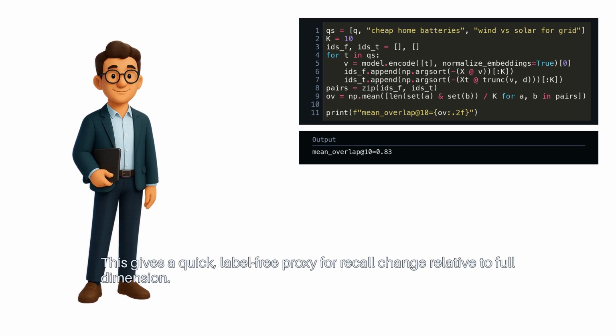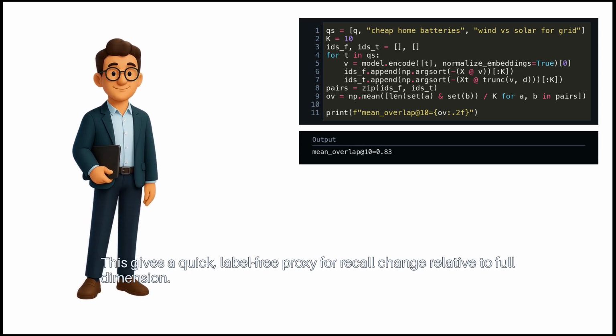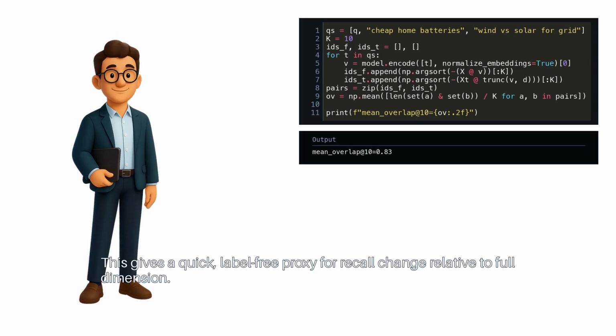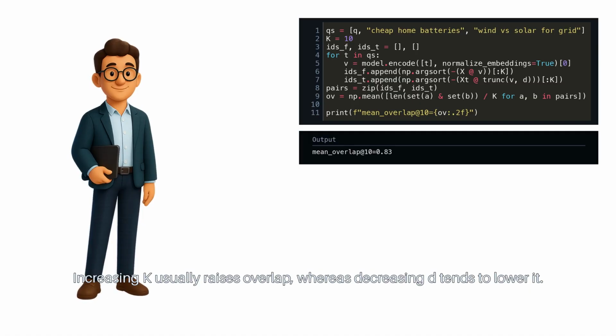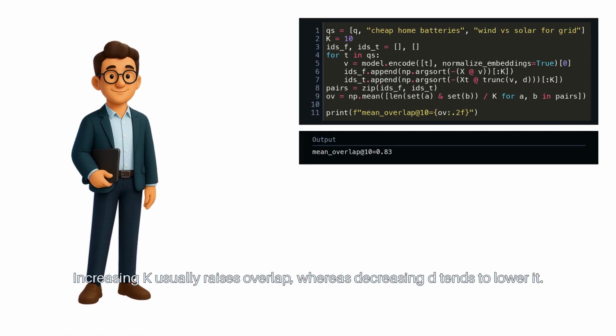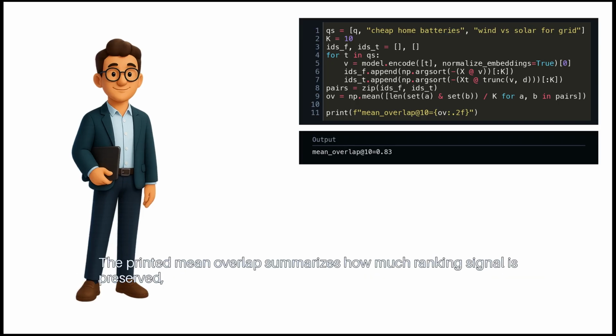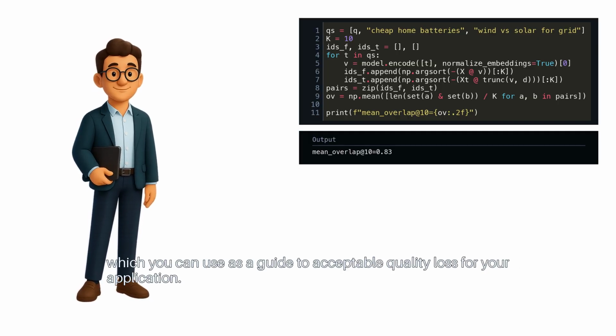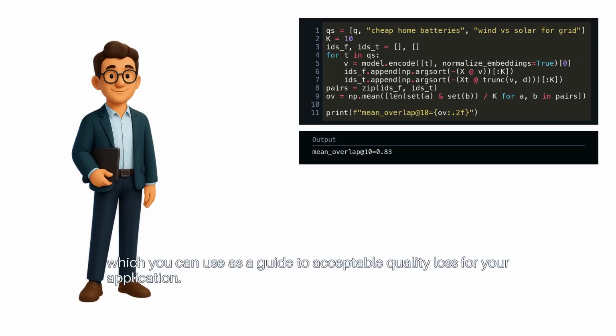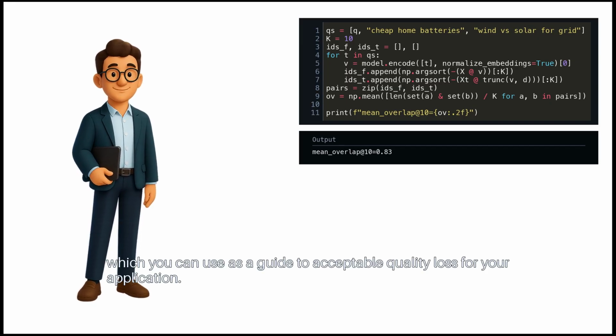This gives a quick, label-free proxy for recall change relative to full dimension. Increasing k usually raises overlap, whereas decreasing d tends to lower it. The printed mean overlap summarizes how much ranking signal is preserved, which you can use as a guide to acceptable quality loss for your application.